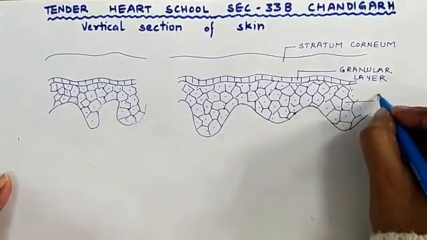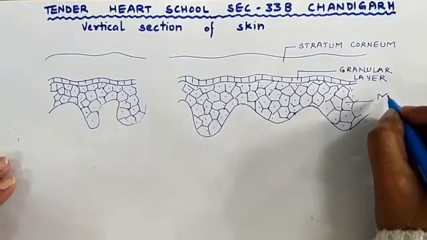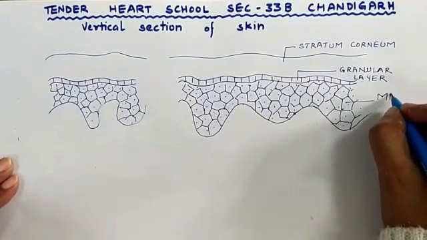The new fresh cells are formed from this Malpighian layer. So let us label it as stratum Malpighi. You could label it either way; I am labeling it as Malpighian layer.